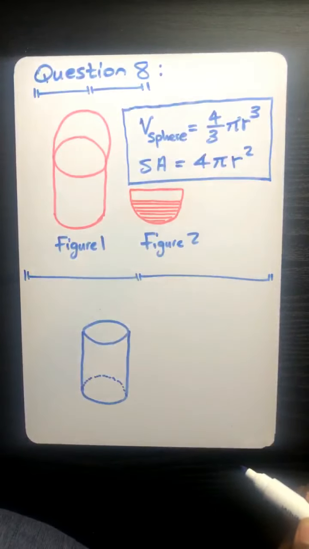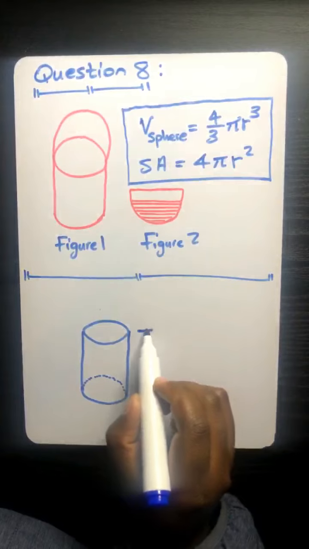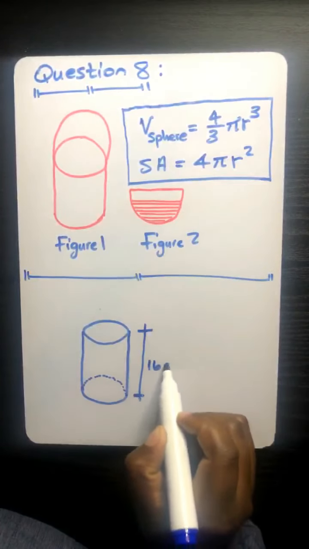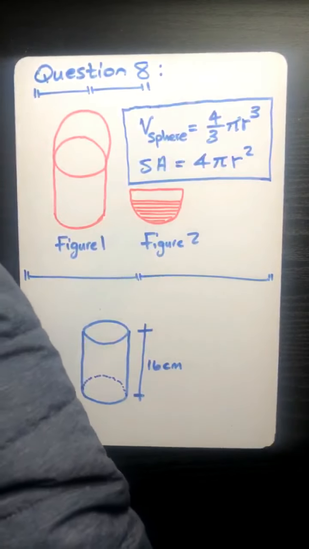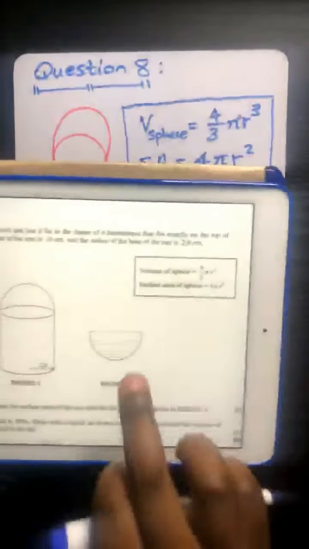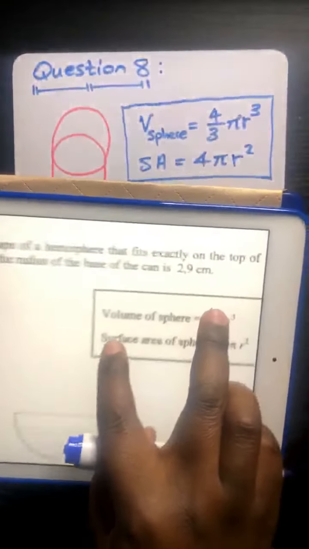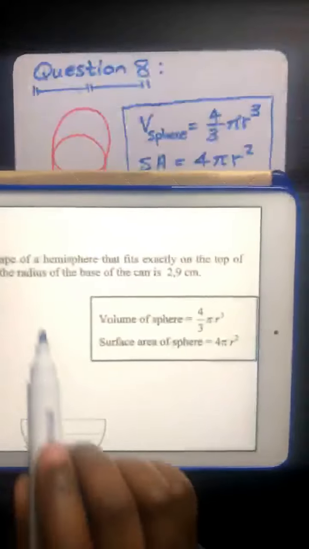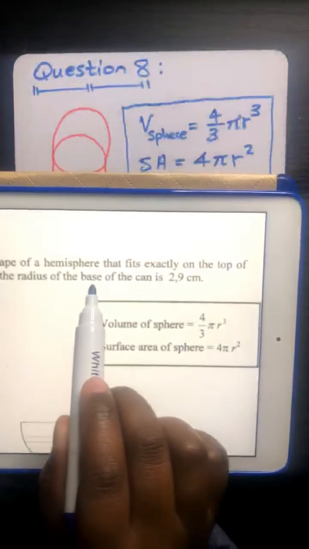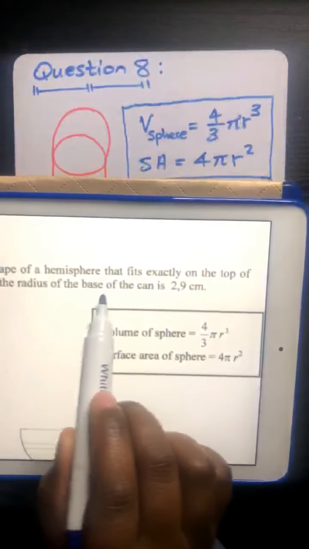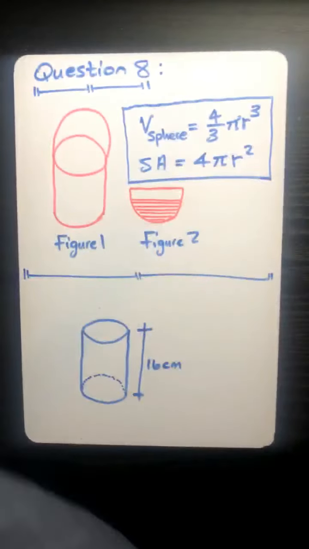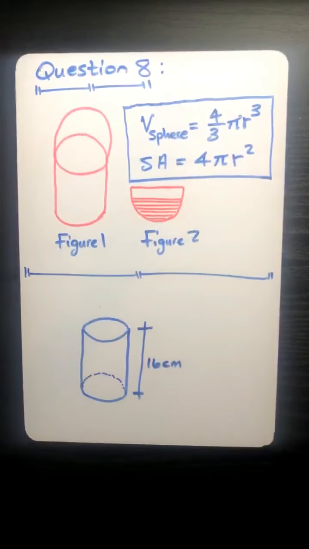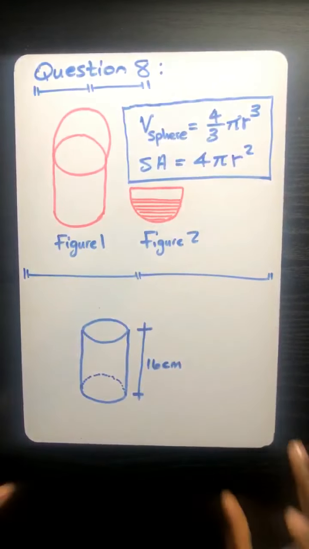Okay, so now they said the height of this can is actually 16 centimeters. In addition to that, can you guys see they give additional information to say the radius of the base. I just want you to be aware of that. The radius of the base of the can is 2.9 centimeters, which means, good people, this can actually has a base.